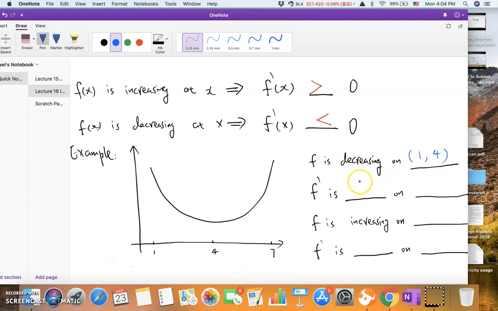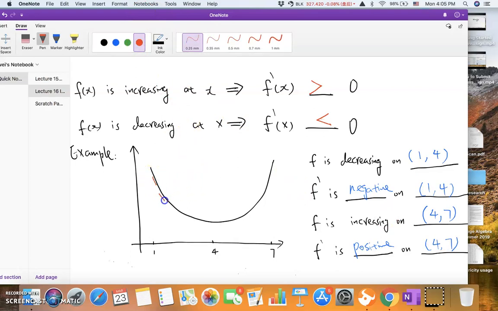Since the function is decreasing on this interval, the derivative is negative on the interval from 1 to 4. And the function is increasing on the interval from 4 to 7. Since the function is increasing, the derivatives are all positive on this interval, right?